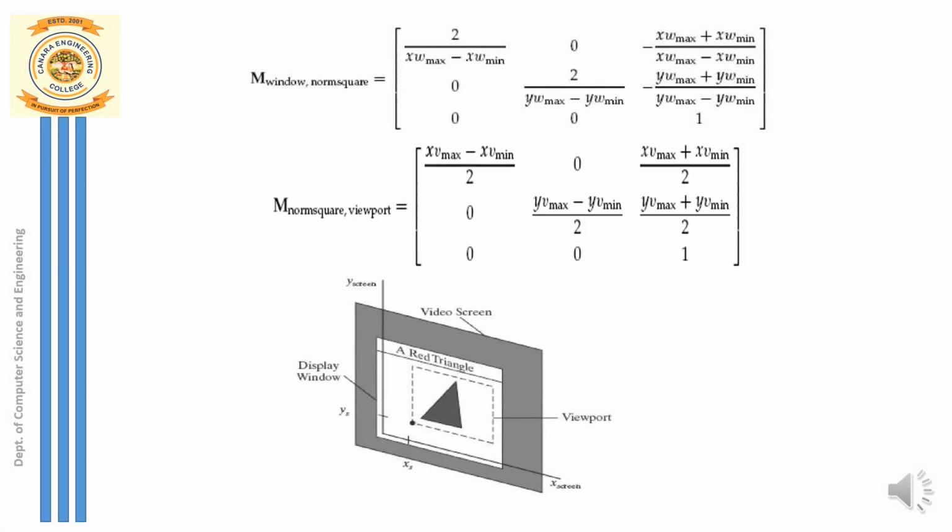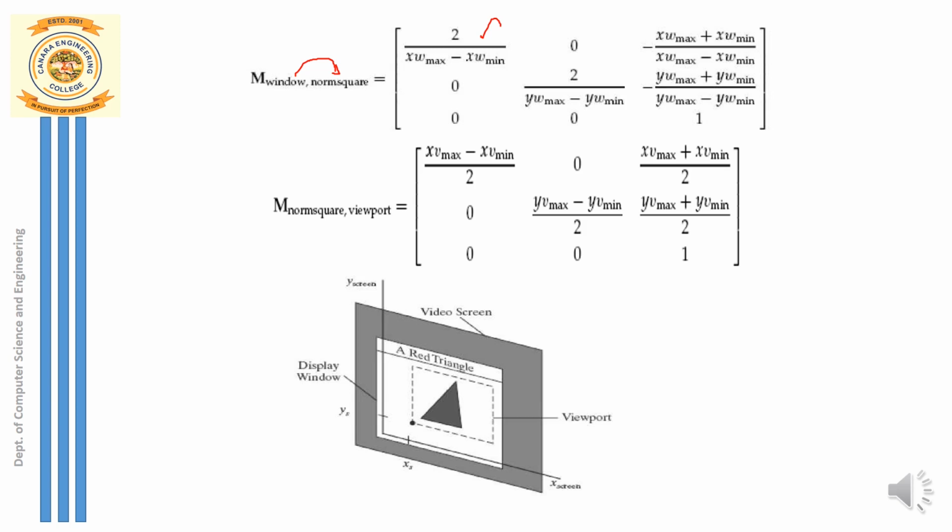You can just see here the matrix is represented, that is the first part. What is that? Mapping from window to normalized square. The first part of mapping, clipping window to normalized square, and that matrix is given by 2 divided by... why 2 here?